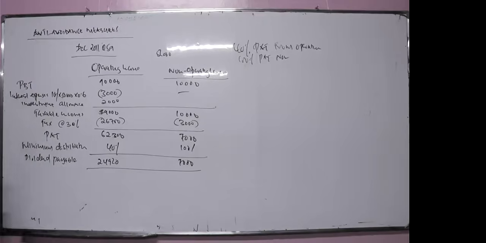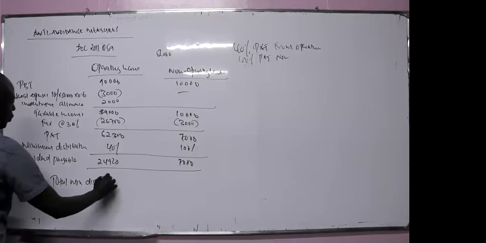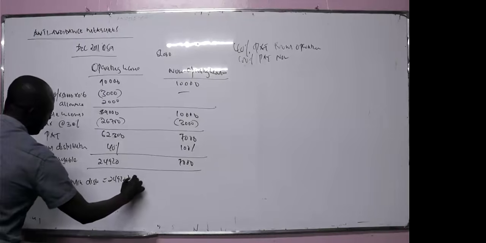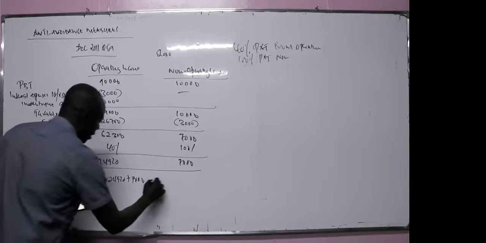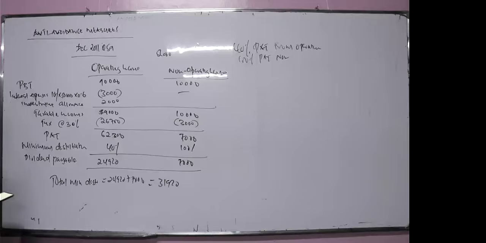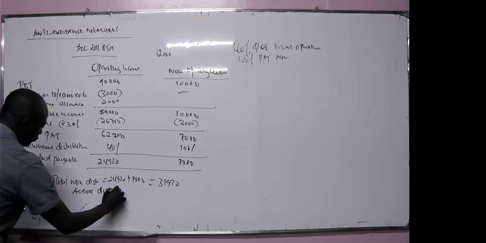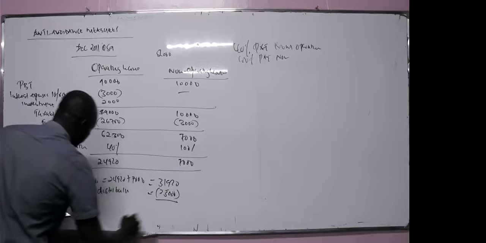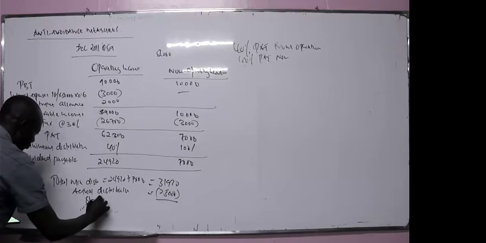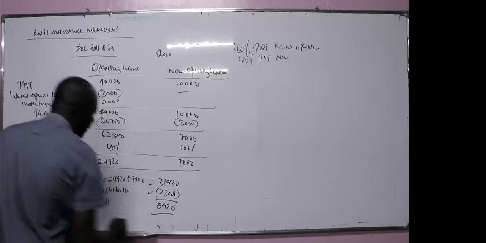So now total minimum distribution, it should be 24,920 plus 7,000, which is 31,920. Then actual distribution, 25. So shortfall of how much? 6,920. So that is the shortfall.